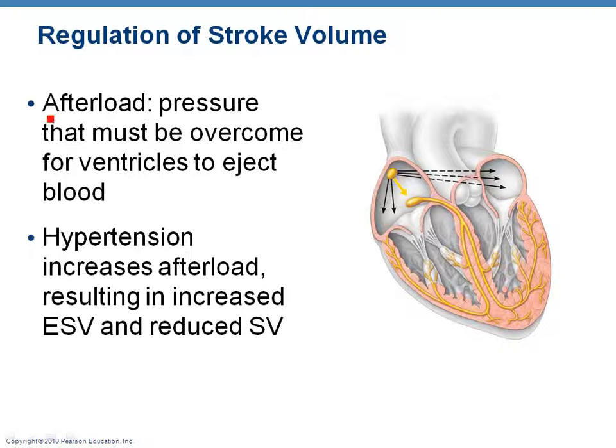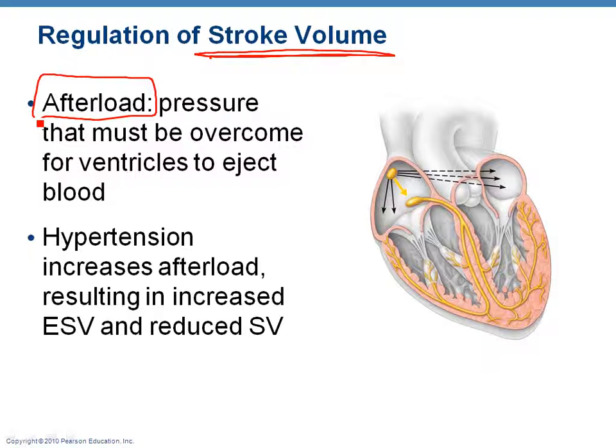A third thing that can affect your stroke volume, the volume of blood being ejected out of the ventricles, is called afterload. Now, if you think about it, your ventricles are squeezing blood up into the aorta and the pulmonary trunk. The walls of those vessels have pressure in them as well because of the blood inside them.